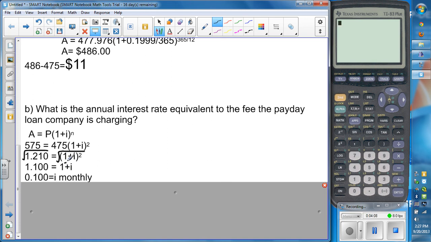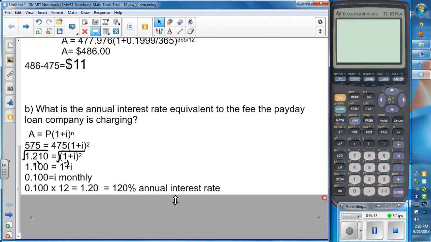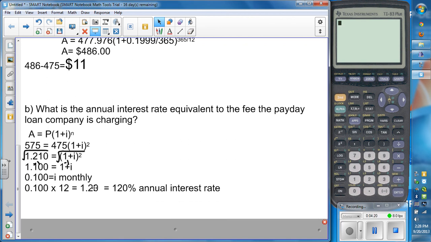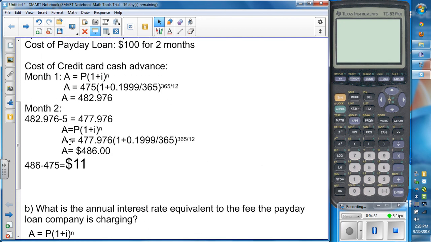You can subtract the 1 from both sides to get 0.100 is the interest rate that is monthly. So that's monthly, but we want to find annual. So we're going to multiply that by 12 to get 1.20. But then we need to convert that to a percentage by moving our decimal over twice. So really, they're charging 120% for an annual interest rate. So clearly, John should go with the credit card.